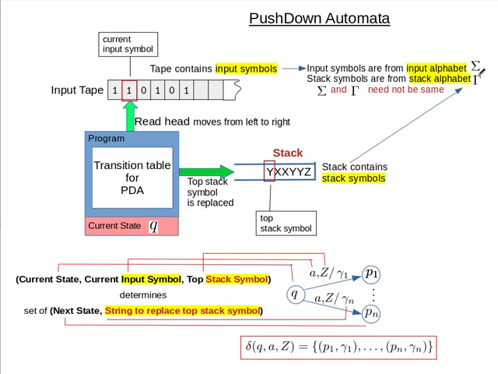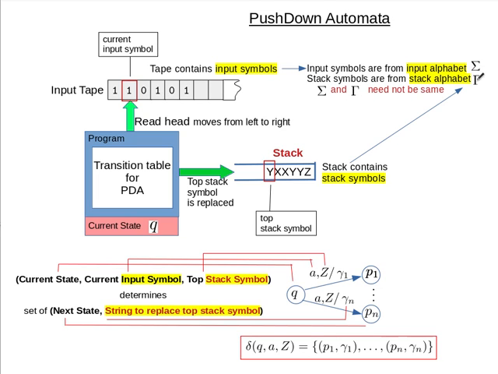We will use this capital gamma for that alphabet, and we call it the stack alphabet. So stack symbols are coming from the stack alphabet. They may be the same, there might be some overlap, but there might not be. So sigma and gamma can be equal, they can be unequal, they can be overlapping, whatever. The point is they need not be the same.